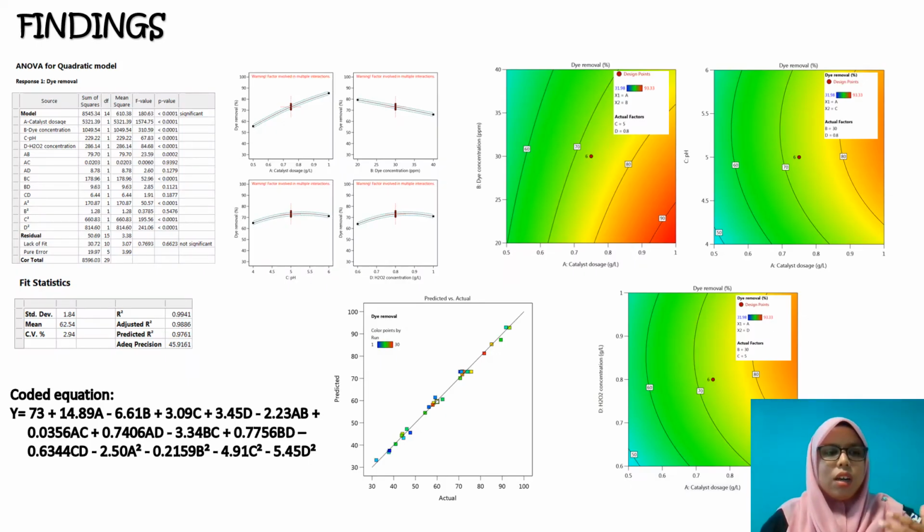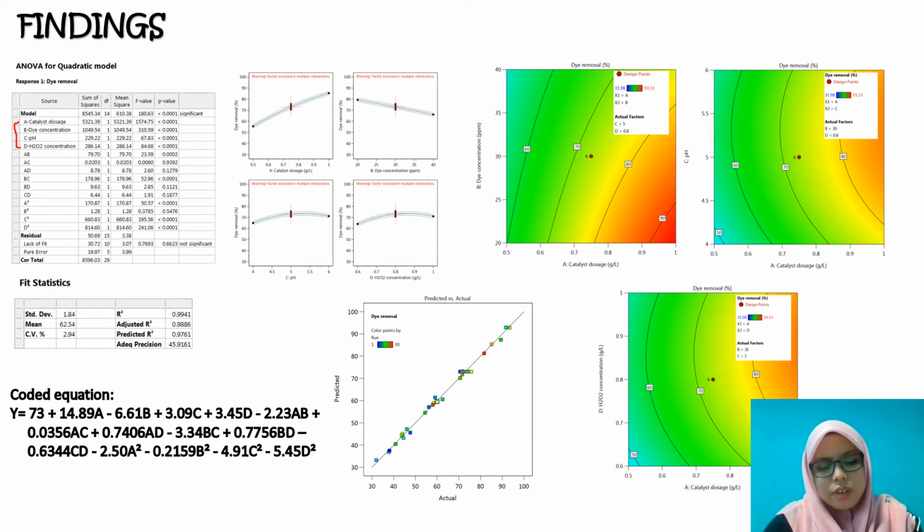For the research findings in this study, the ANOVA for the quadratic model shows the significance of the relationship between the response variable and the independent variables. The response variable is the percentage of dye removal, and the independent variables are A, B, C, and D, where A is the catalyst dosage, B is the dye concentration, C is the pH of the solution, and D is the H2O2 concentration.